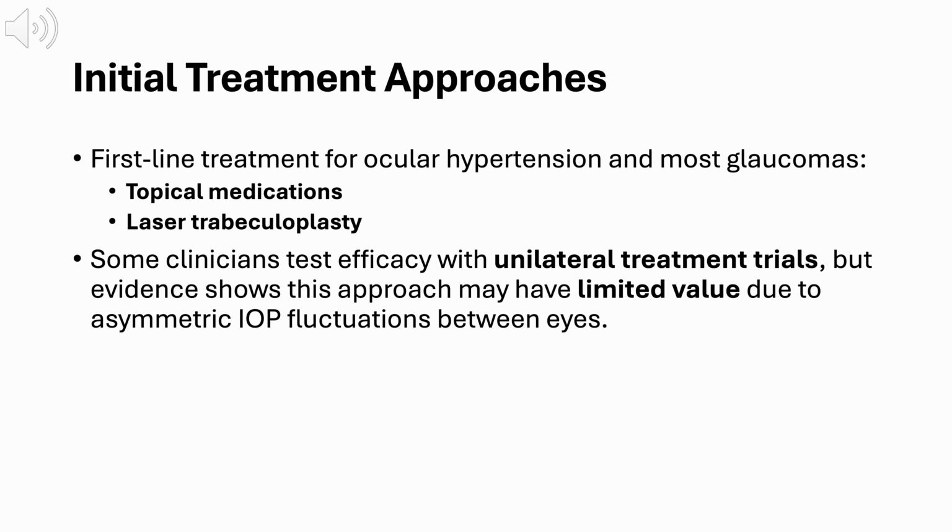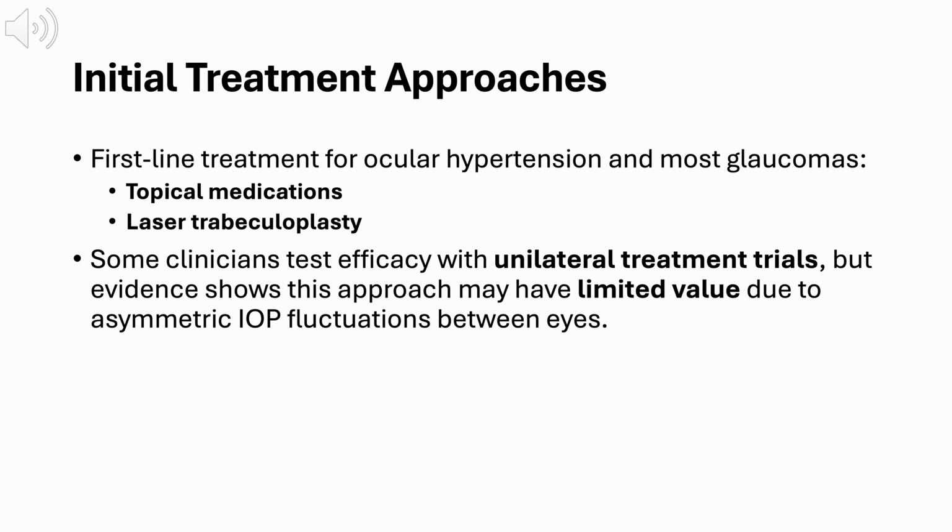For most cases of ocular hypertension and open-angle glaucoma, first-line treatment typically begins with either topical medications or laser trabeculoplasty. Topical agents remain the most widely used starting point, largely because they're effective, accessible, and reversible. However, selective laser trabeculoplasty has gained traction as an alternative or adjunct, particularly for patients who struggle with medication adherence or have contraindications to drops.